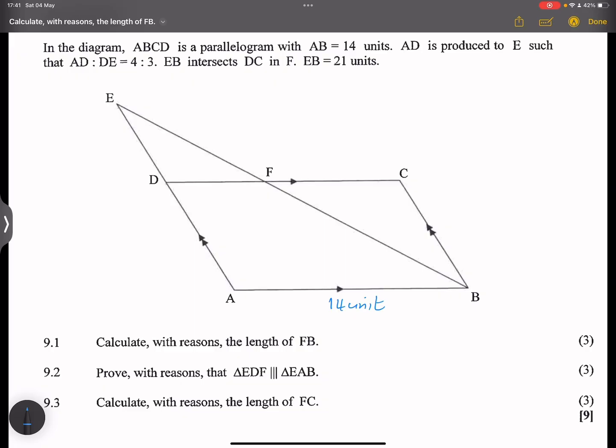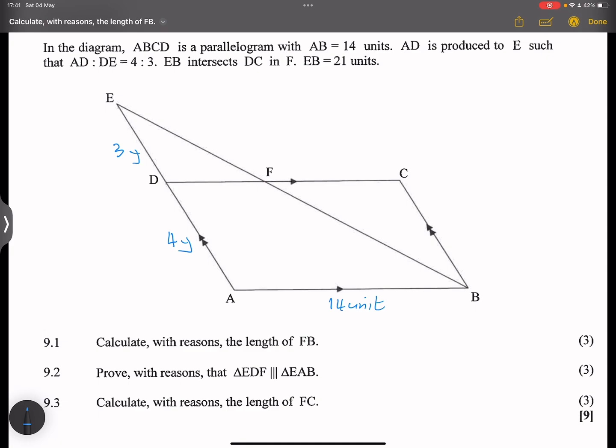Now, notice, ladies and gents, when they've given us a ratio, I'm going to express it in terms of variables. So this is 4x over 3y. So that's AD over DE, right? That's 4 over 3.